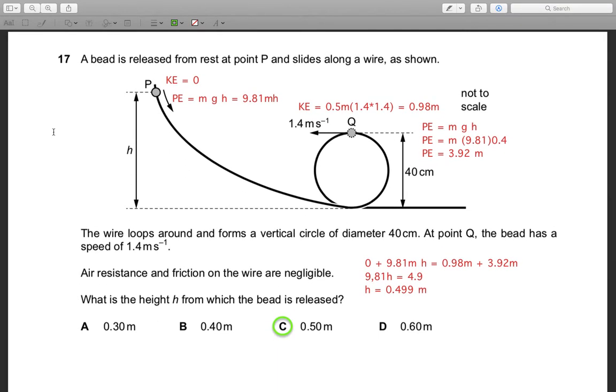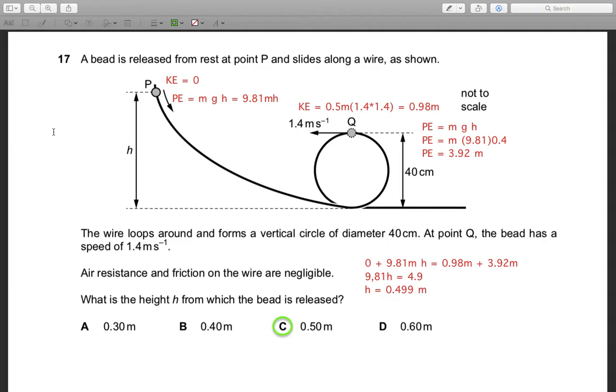Continue to number 17. A bead is released from rest at point P and slides along a wire as shown. The bead starts from P without velocity, so the kinetic energy is equal to zero. Then potential energy equals mgh, with mass m, gravitational acceleration 9.81, and height h.